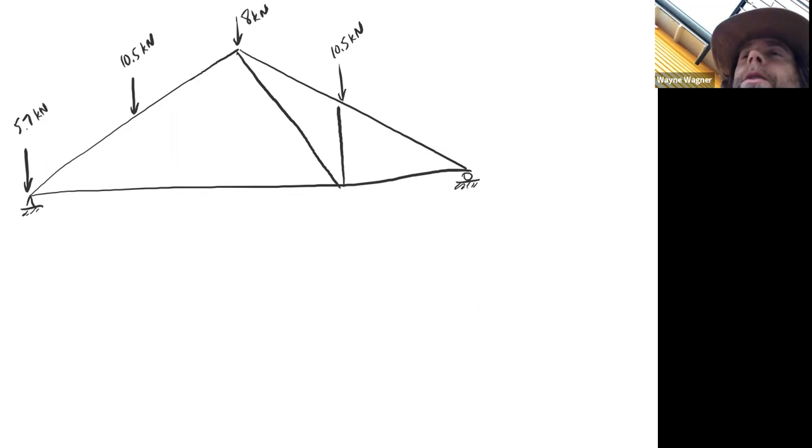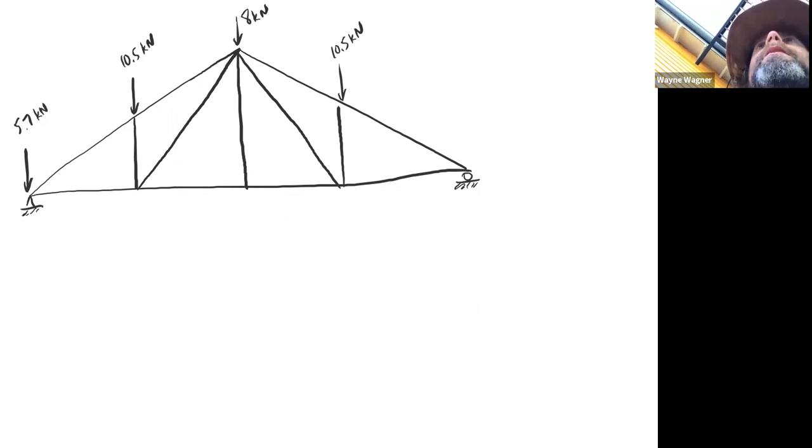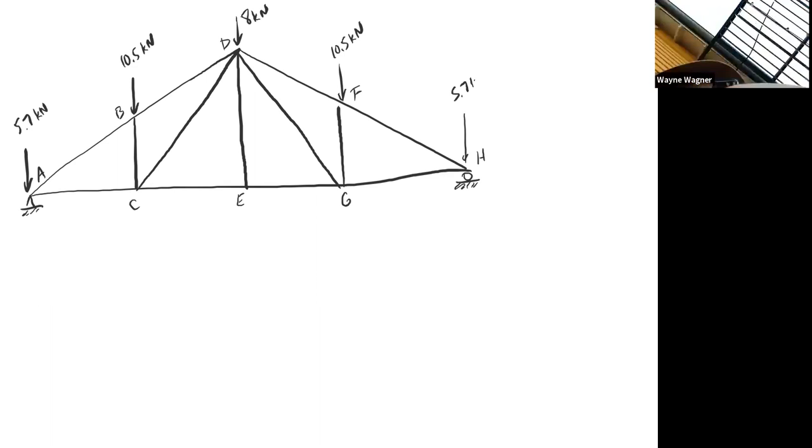Okay, the annoying thing about this one is it has a lot of weird angles. And we don't really like weird angles if we can avoid it. Okay, so this is A, B, C, D. This is E, F, G, and H. Force downwards, 5.7 kilonewtons.